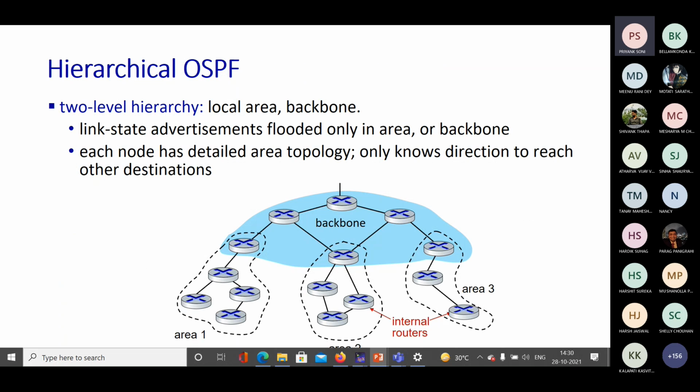Alright. Now, in any diagram here, we see that an AS consists of a few routers, and those routers can be flooded with all the link state information, which can be sent across or periodically flooded, and all the routers will know the information of all other routers.